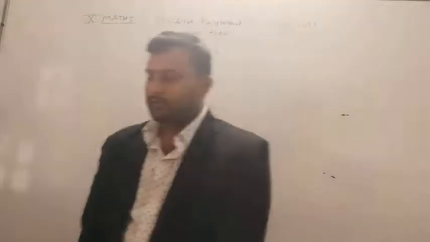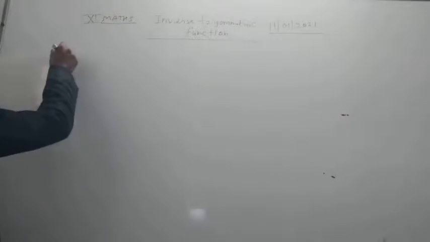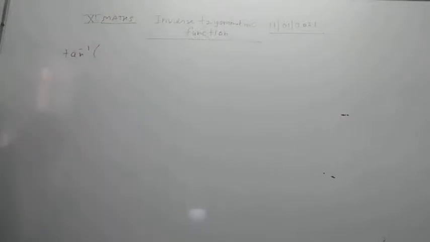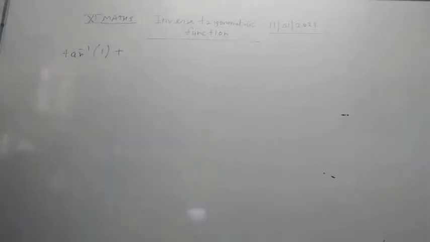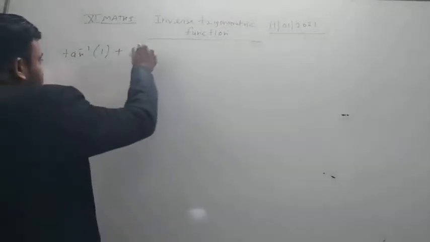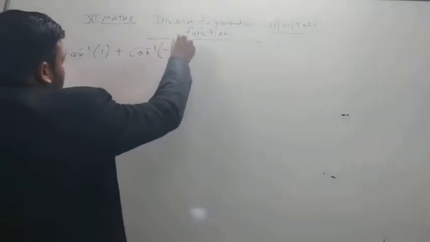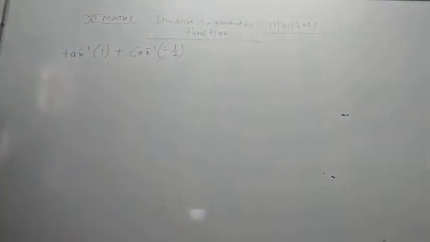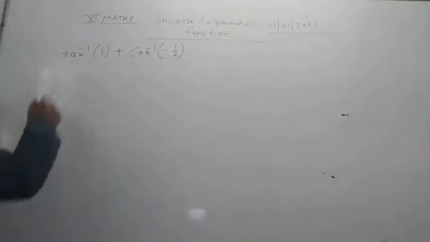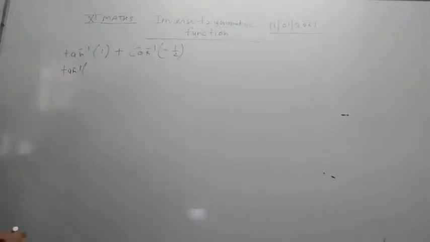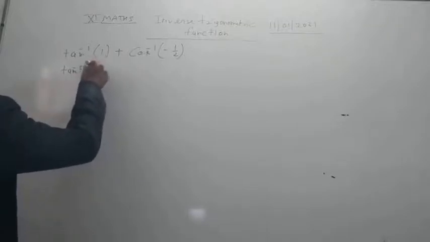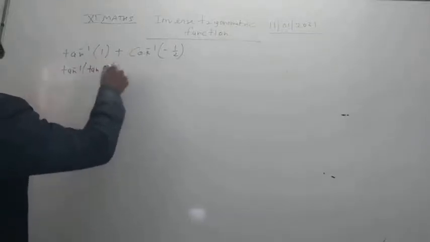Our first question is, write the principal value of tan inverse 1 plus cos inverse of minus 1 by 2. Students, we have to find the principal value of this. Here tan inverse 1, and you know 1 is the value of tan pi by 4.